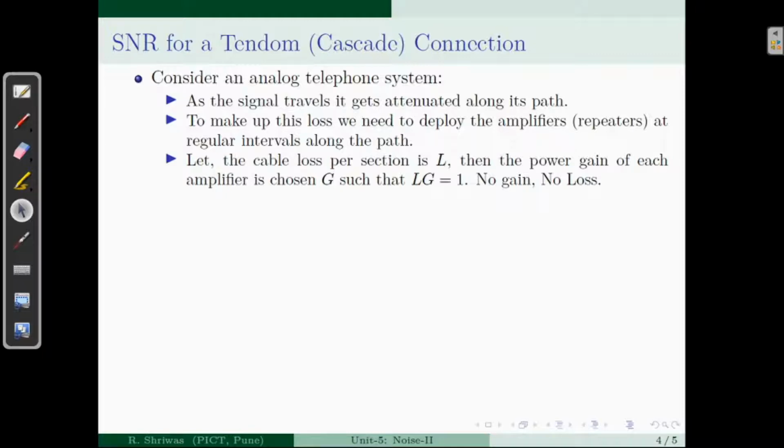That cable length is called one section. Suppose after traveling that section of cable, the signal loss is L, then we need to use an amplifier whose gain is G, and we can choose this G such that L times G is equal to 1. Means there is no loss, no gain.